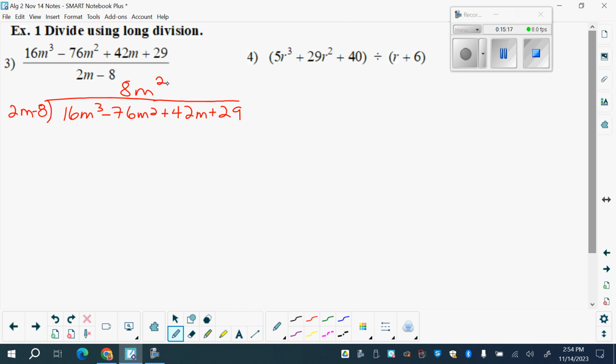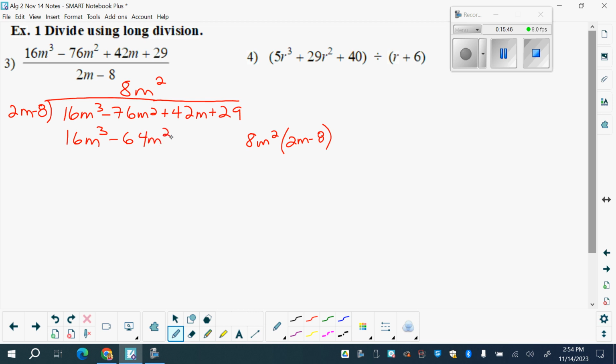So on the side, we're going to take 8m squared and multiply it by the 2m minus 8. Omar, what do I get when I multiply 8m squared times 2m minus 8? 16m what? Minus 64?